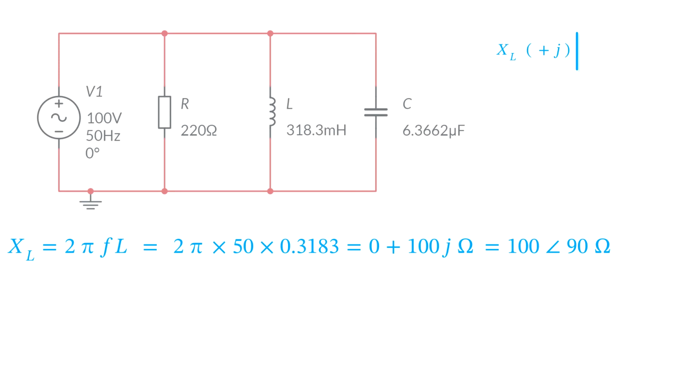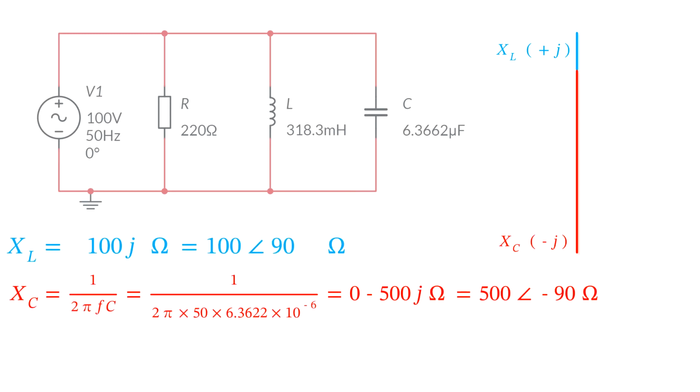So the reactances, XL is 2 pi FL, which is 2 pi times 50 Hertz times the inductance. And inductors have no real part, so it's plus 100J ohms, or 100 ohms at 90 degrees in polar form. The capacitive reactance is 1 over 2 pi FC, and that comes out as 0 minus 500J ohms, as you can see from the phasor on the top right, and that's 500 ohms at an angle of minus 90 degrees.